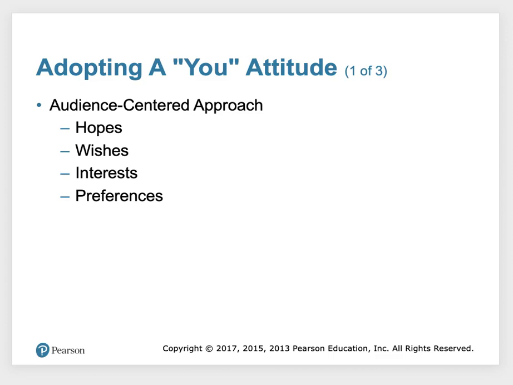So, for example, one of the simplest ways that you can adopt the you attitude is by replacing words that you might use, such as I, mine, me, or even we and us, which I have a tendency to do, and replace them with you or yours, so that you're talking about the topic from your audience's perspective.